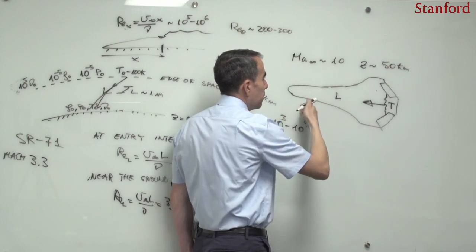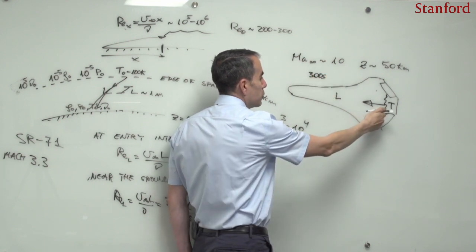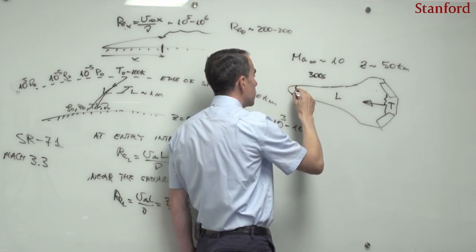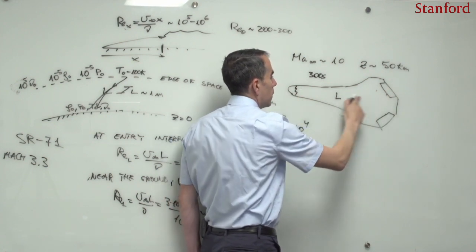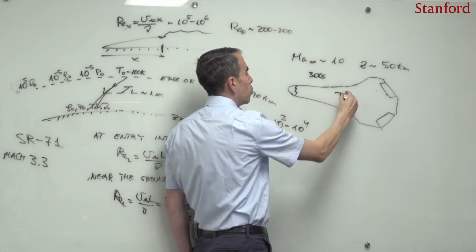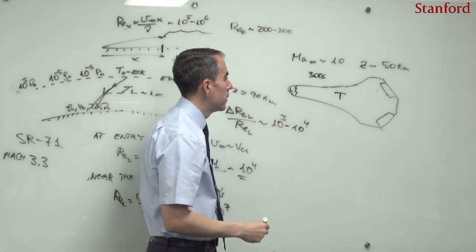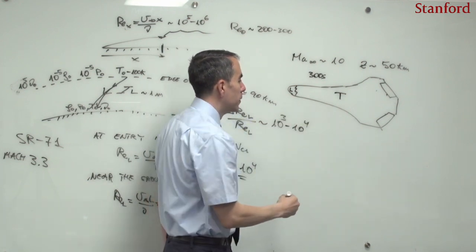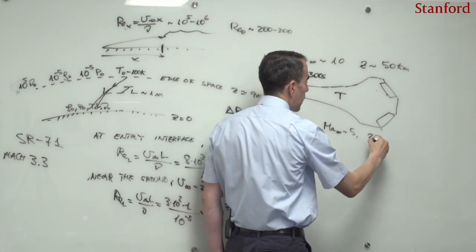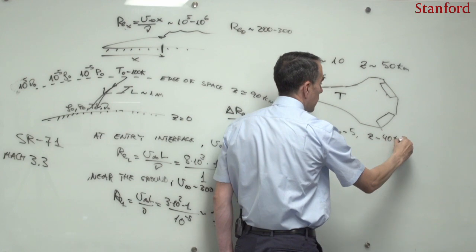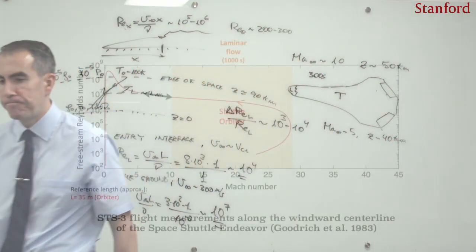So after some time, and as a matter of fact, after 300 seconds, this front moved close to the nose, leaving turbulent flow behind and laminar flow here. And this completion of transition happened at Mach 5 and at an altitude of about 40 kilometers. That you can see in the screen.